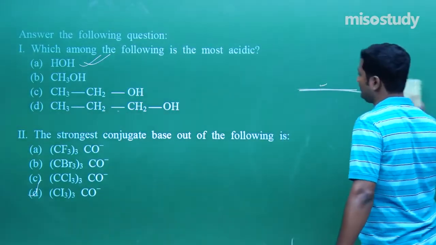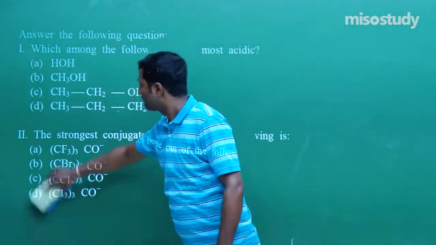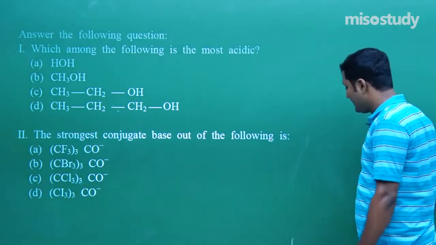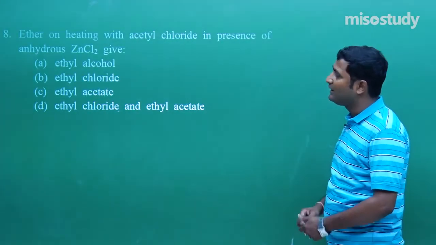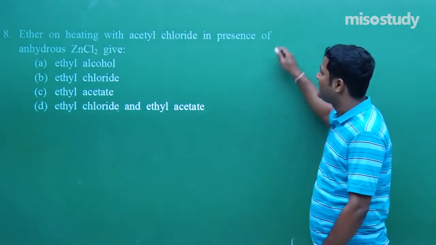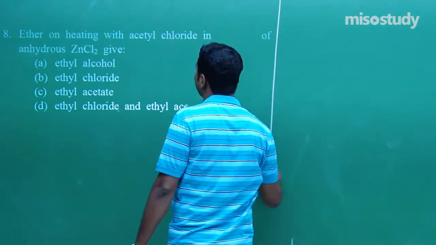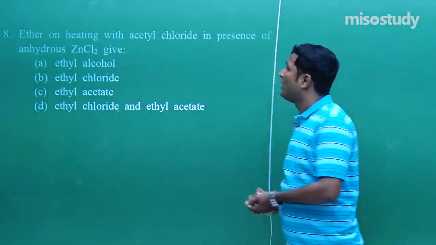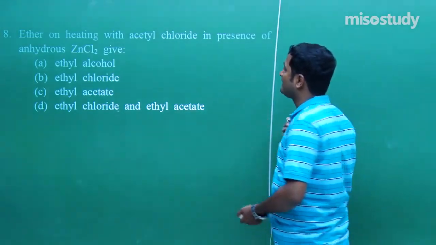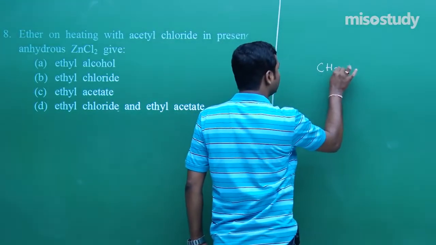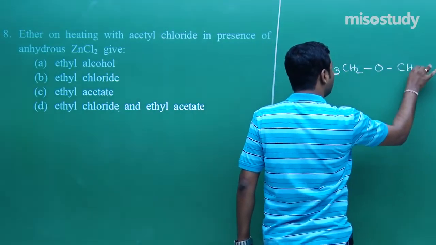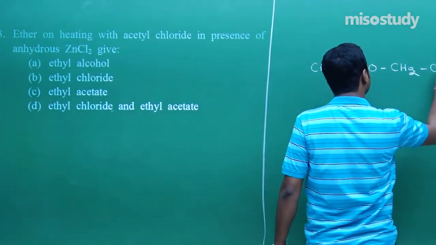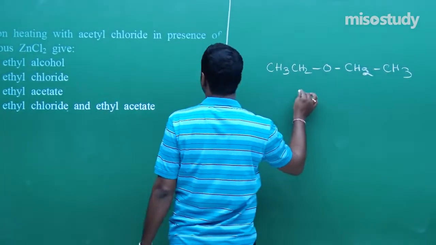Clear? Now let's move to the next question. Look at ether on heating with acetyl chloride in presence of anhydrous ZnCl2. What will happen? Ether, if I put here CH3CH2OCH2CH3, that is diethyl ether, I'm just giving an example.